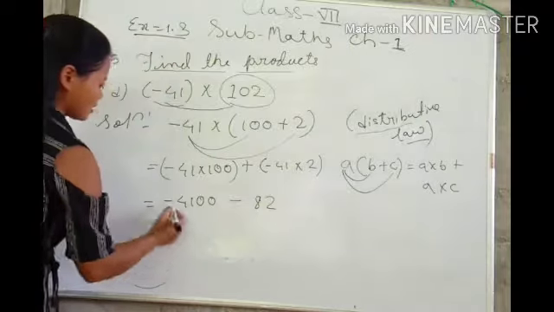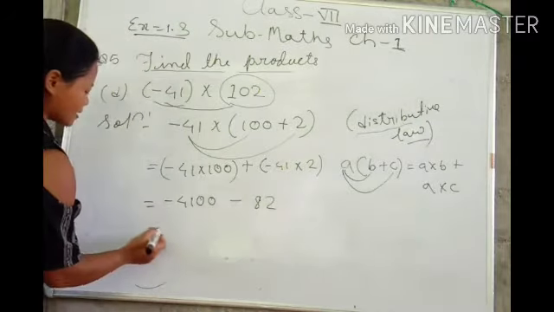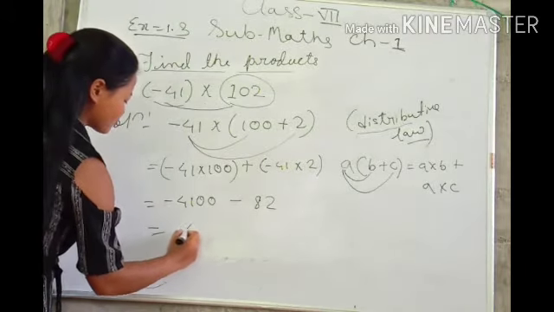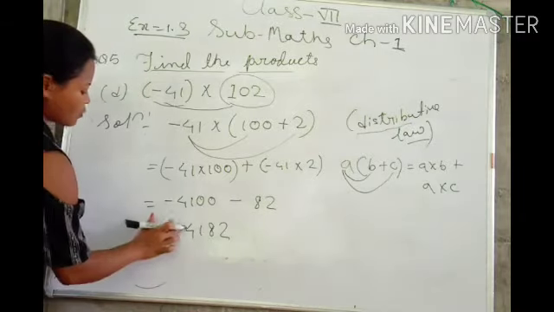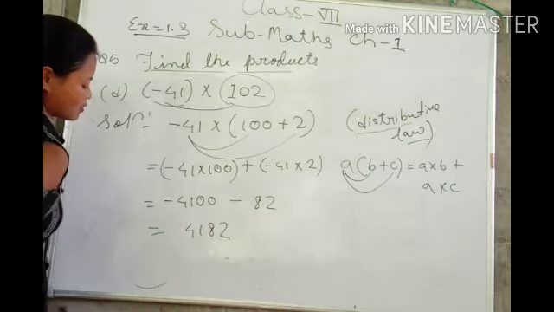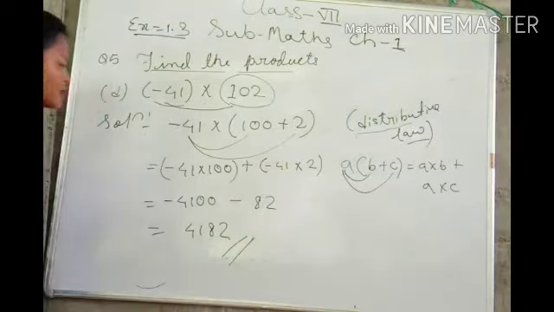Now minus minus is plus, so adding, you get 4182, and the sign becomes positive. If it is positive, you do not write the sign, only this much. So this is your answer. Hope you understood this one.